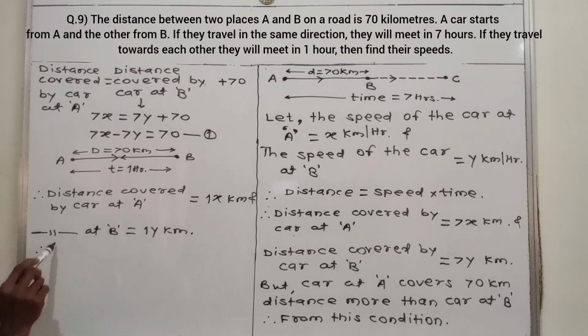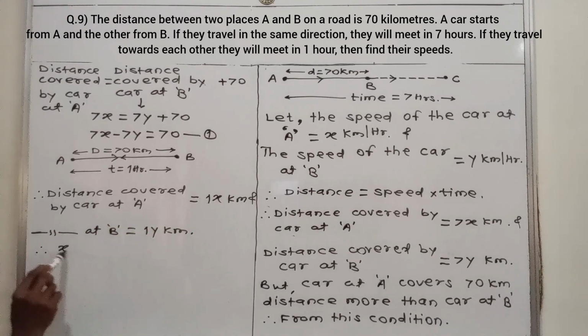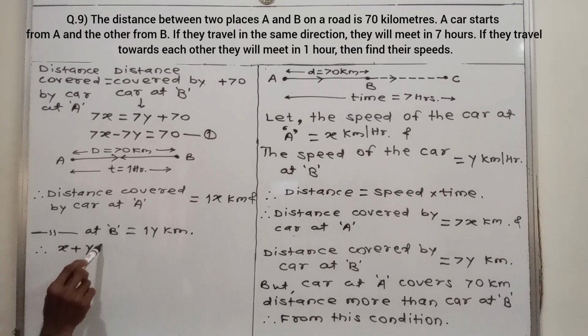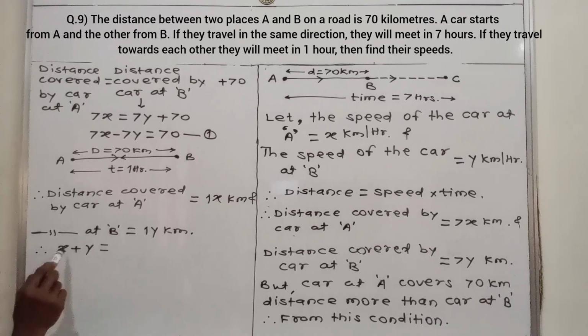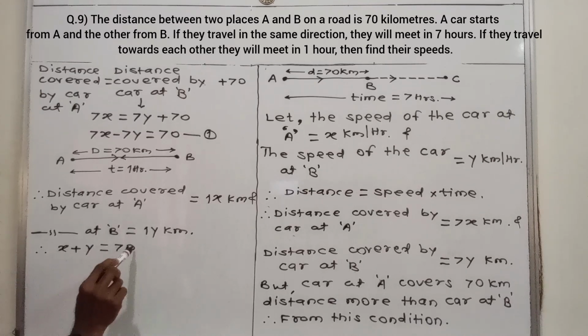Therefore, distance covered by car at A is 1x, right? x plus distance covered by car at B, 1y, means we write y. Total distance covered by both these cars is 70.